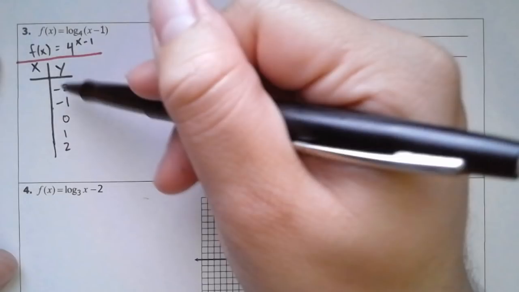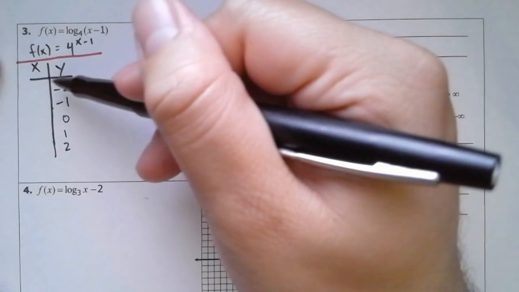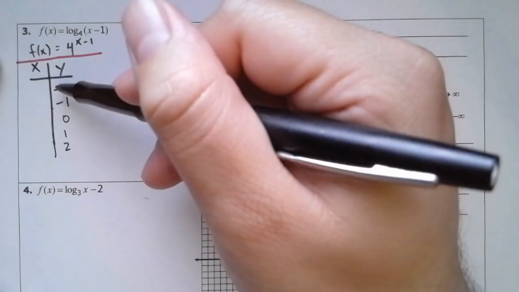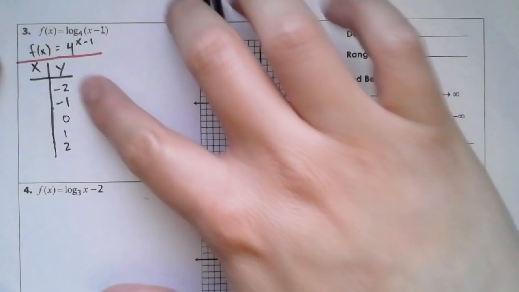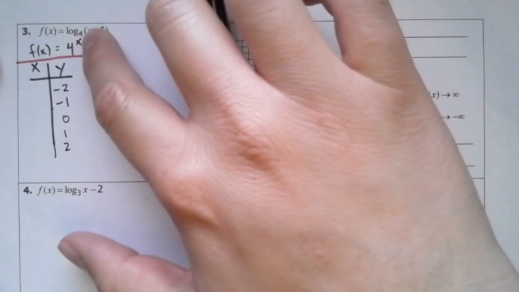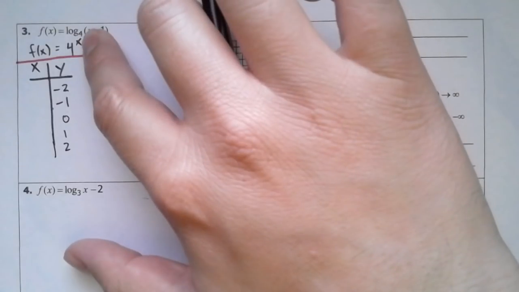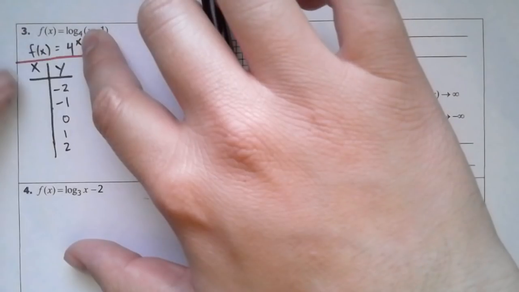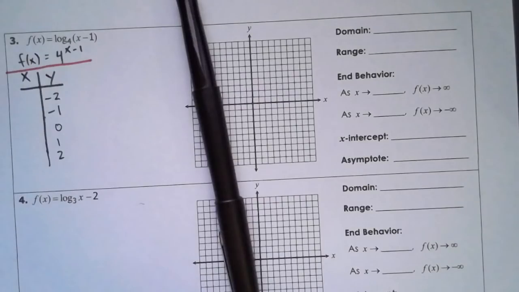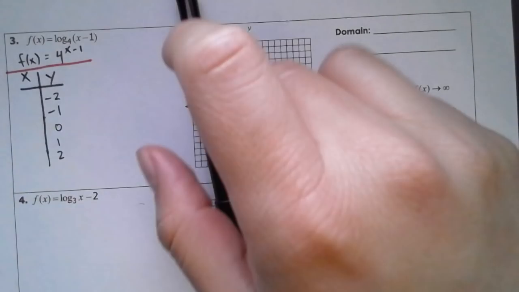So when you plug in -2 as x into this one here, you're going to get 1 over 16. And 1 over 16 is about 0.06.